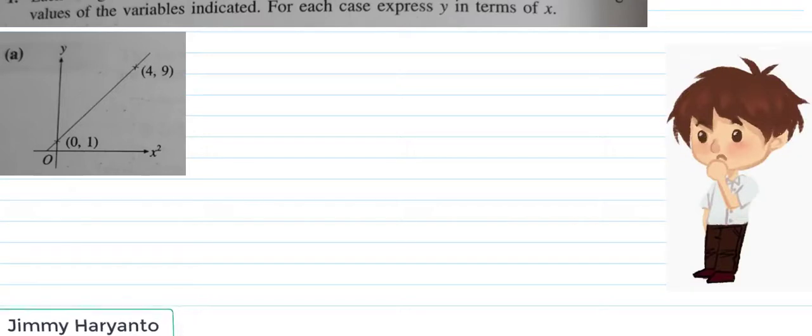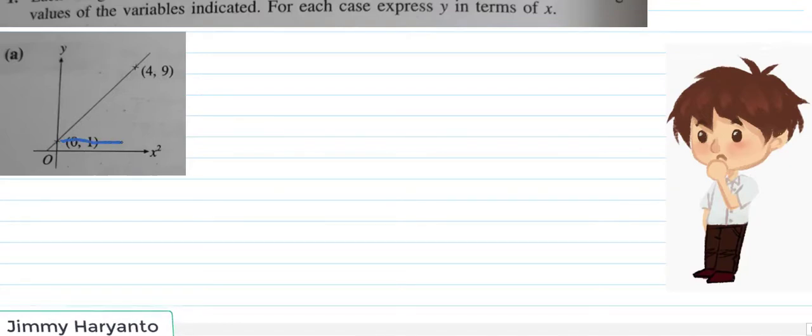Okay, look at this graph. The axes are y and x squared, and the graph is a straight line. Since it's a straight line, we have to find the equation of the straight line first. So we have to find the gradient, the slope.